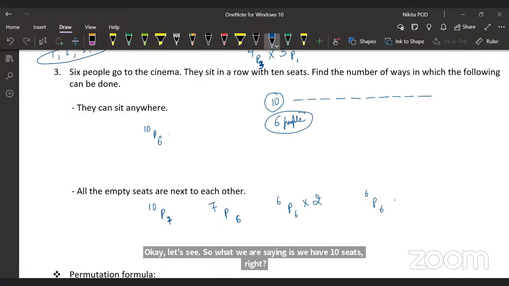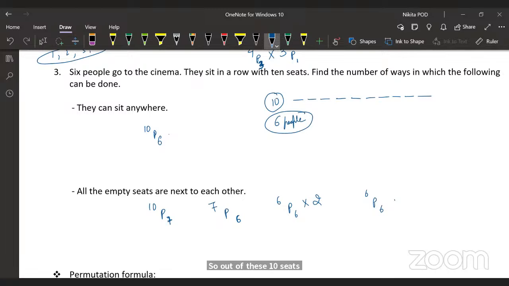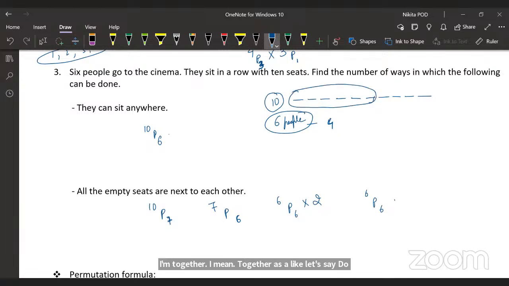Out of these 10 seats, we have to check in how many ways it is possible that all the empty seats are next to each other. We know only 6 people are there, so there will be 4 empty seats for sure. Now what we want is that all these 4 empty seats are together. Together as in, let's say all the people sit here.